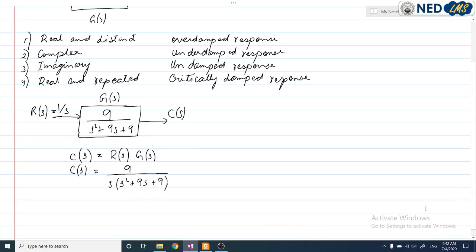And if we factorize it, then we will get the factors s plus 7.854 and s plus 1.146.